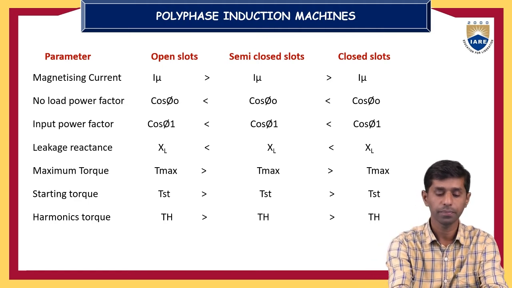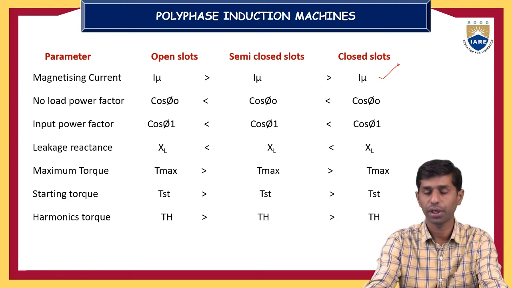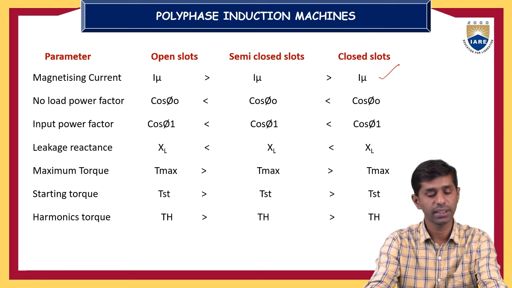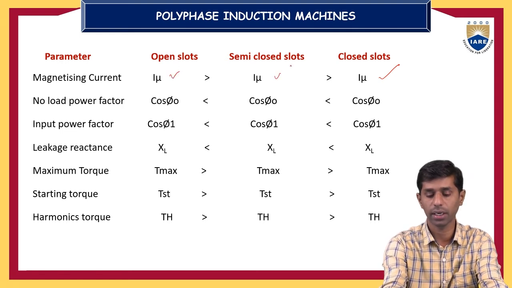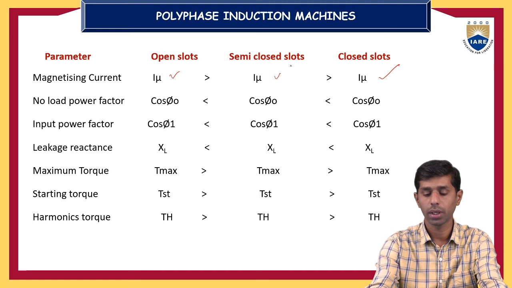First compare magnetizing current for the induction motor. Open type slots require more magnetizing current than semi-closed as well as closed type slots. So see the relation here: I mu, the magnetizing current, is greater than semi-closed and also greater than closed type slots.